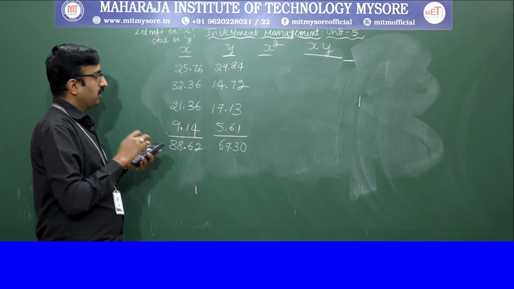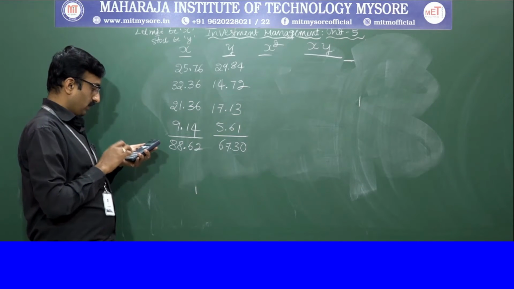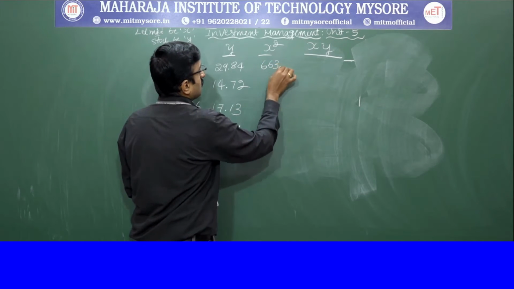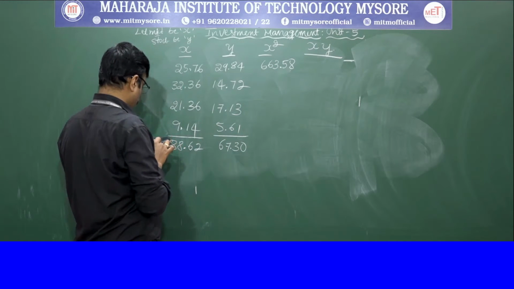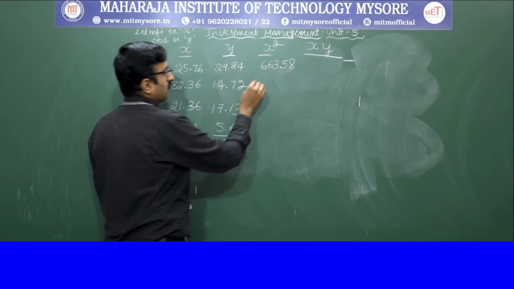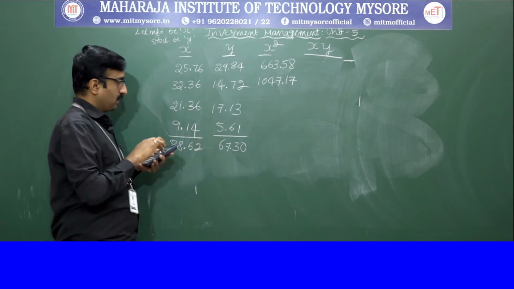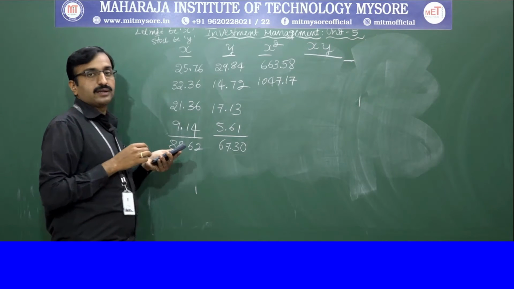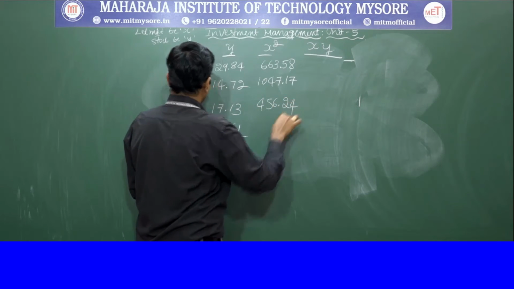Then moving on to X square. 25.76 square, if you do, you will get 663.58. Next, second one, you will get 1047.17. Next, you will get 456.24.